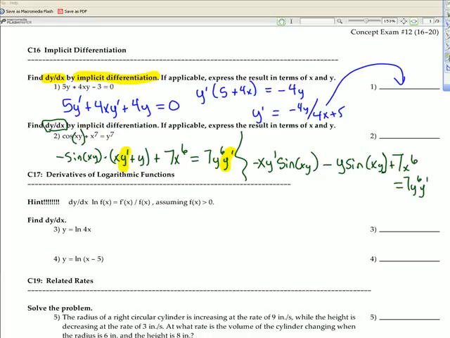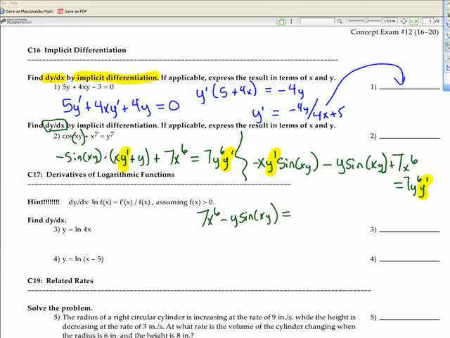What I need to do now is get all these y prime things on one side of the equation and everything else on the other. So I'm just going to add this term to the left side. So the right side, I'd have a positive 7x to the 6th left there. I'd have a negative y sine xy on the left still.